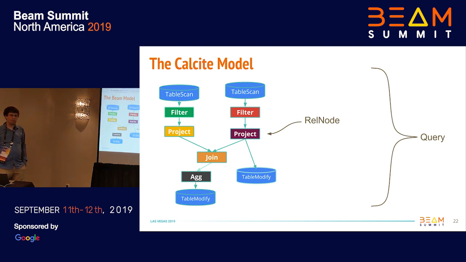Your filter and projects are just ParDos. Your join can become a CoGroupByKey. There are several different ways to implement that. And your aggregate becomes a combine. One of the reasons this was so easy to do with Calcite is there's pretty much a one-to-one mapping from these primitives to existing Beam primitives.